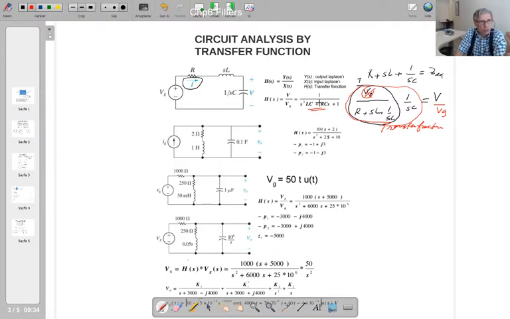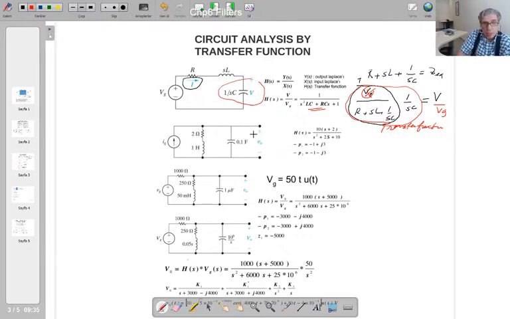So the output function in S domain, transfer it to the time domain, and you found the solution for this given input. So we did the analysis. In here, I have done one of the elements, this element's voltage, not all of the element voltages or currents.